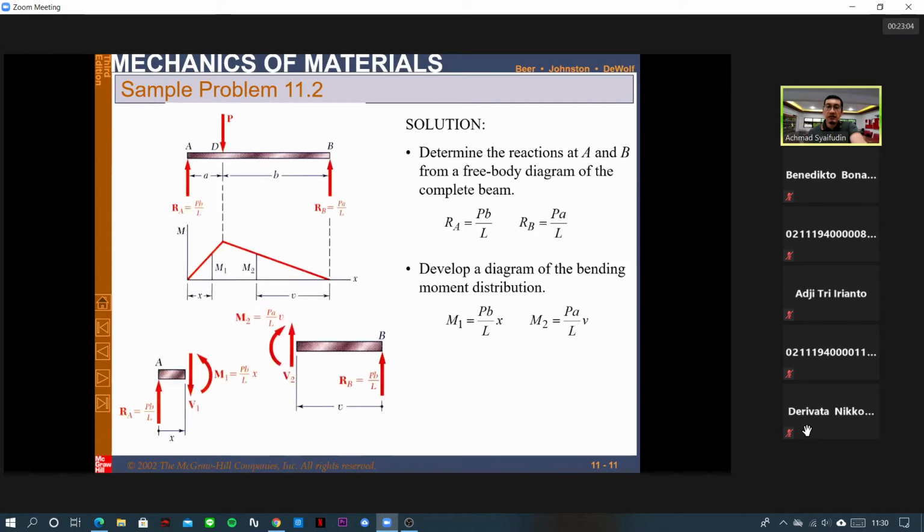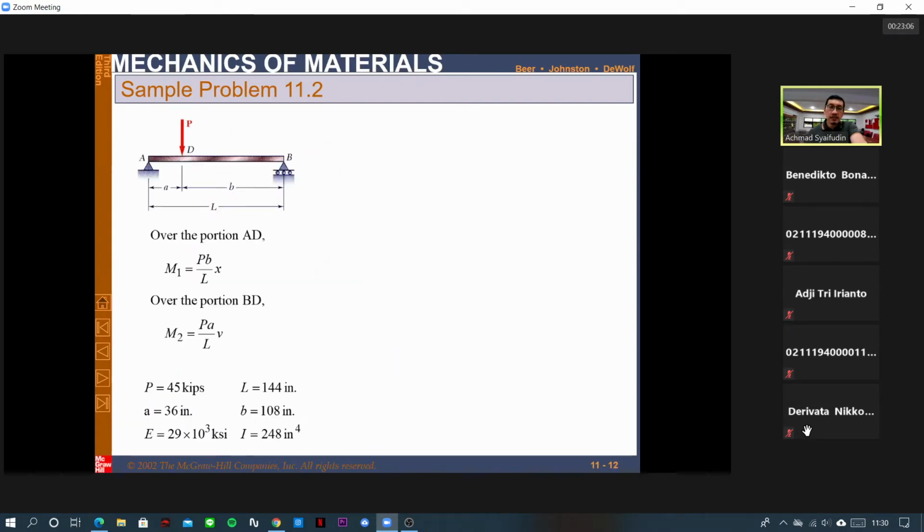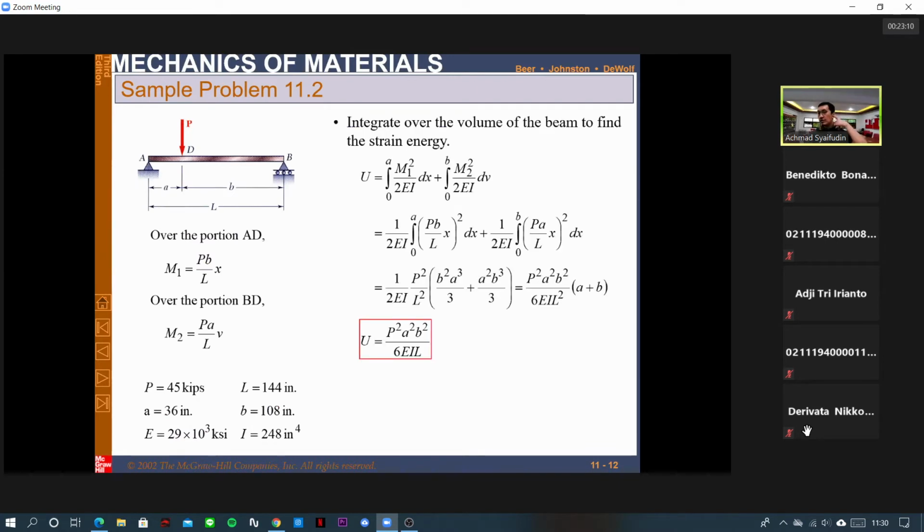After we have the moment diagram, then we have to do the integration. First from 0 to A, then the second one from 0 to B. 0 to A and 0 to B. Why 0 to B?